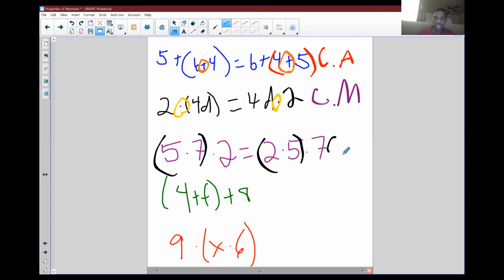That would be C dot M. It's because of this multiplication that's inside the parentheses.